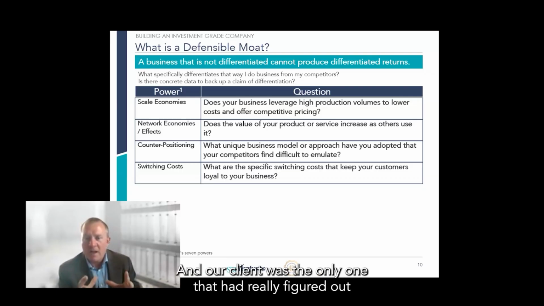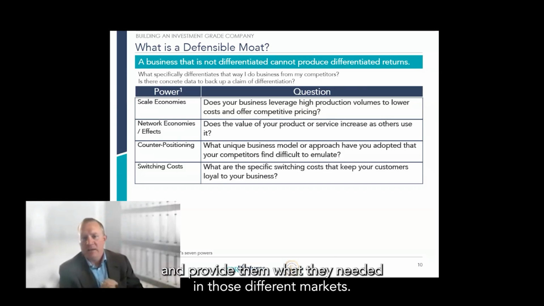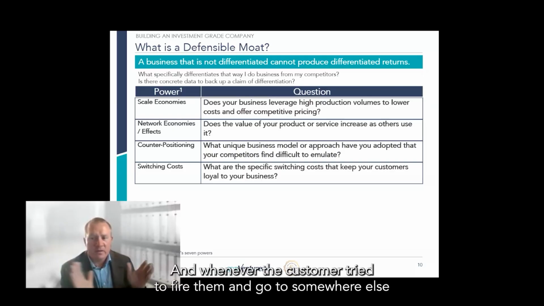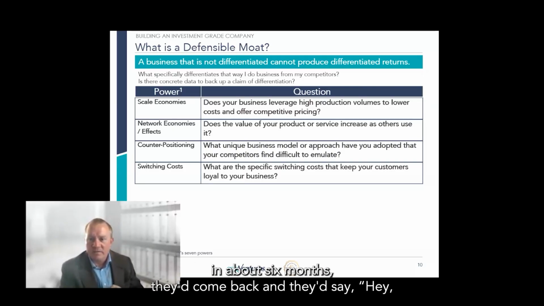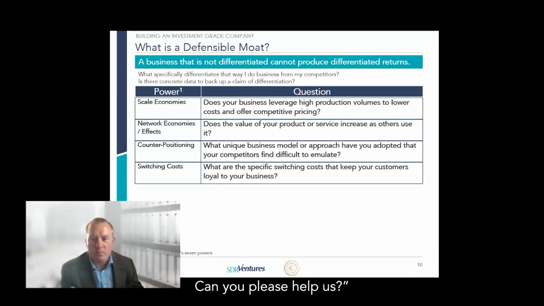And our client was the only one that had really figured out how to hire those crews and provide them what they needed in those different markets. And whenever the customer tried to fire them and go somewhere else, in about 6 months, they'd come back and they'd say, hey, we don't have any cleaning crews in half of our stores. Can you please help us?